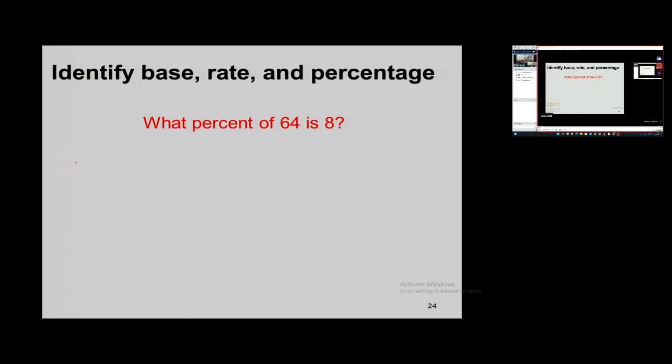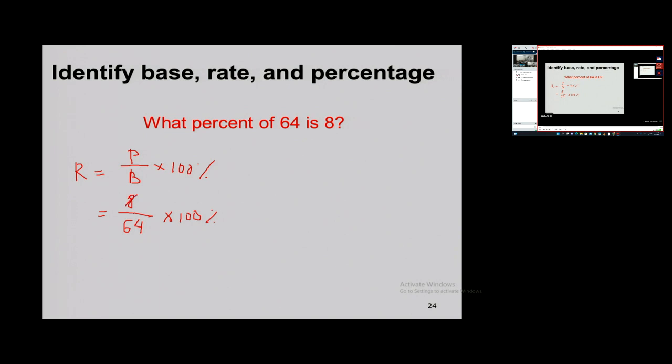So rate is equal to percentage divided by the base times 100%. The percentage is 8, the base is 64, multiplied by 100%. Since we are looking for the rate, and the rate is always in percent form, that's why we're going to multiply.